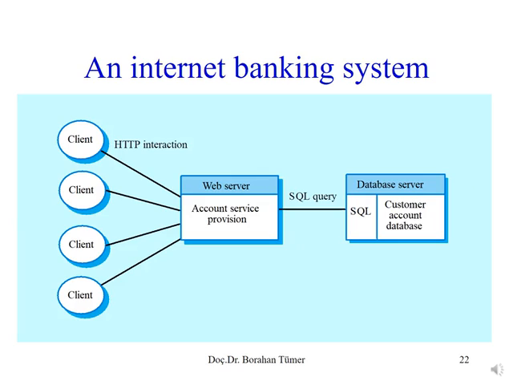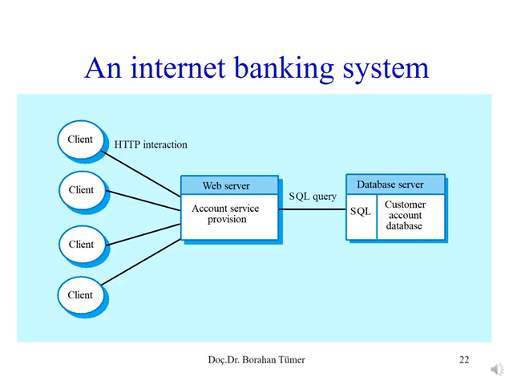Here you can see an internet banking system as an example of a three-tier client-server system. As you can see again in the diagram, the customer account database, that is the data management layer, is separated from the application processing layer, which is the account service provision.